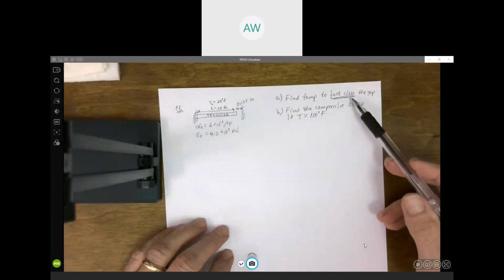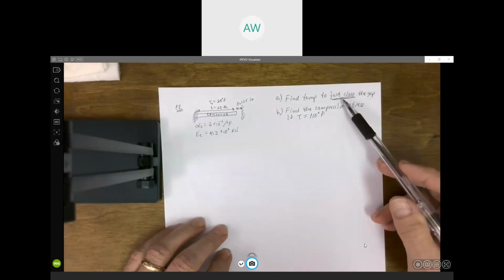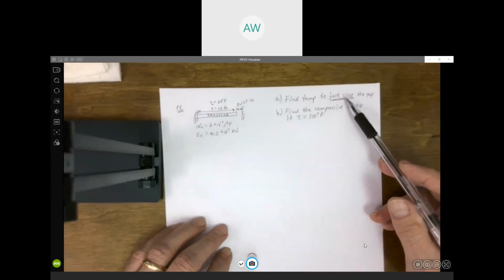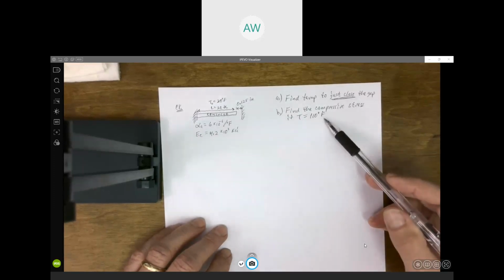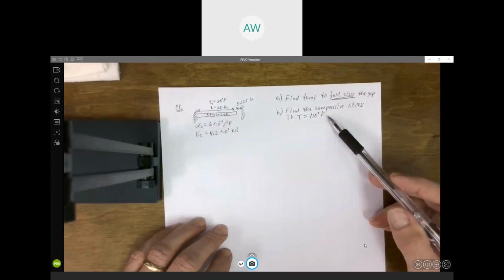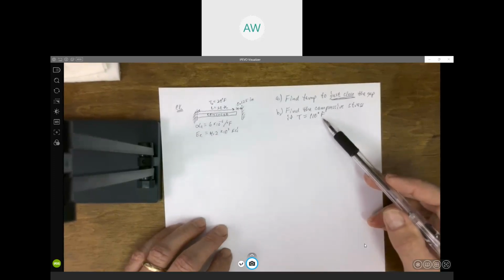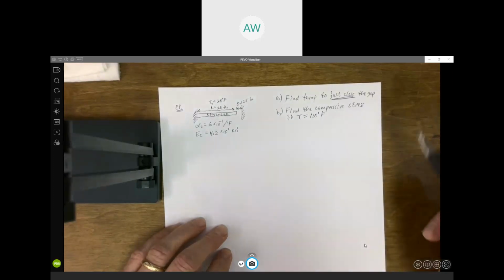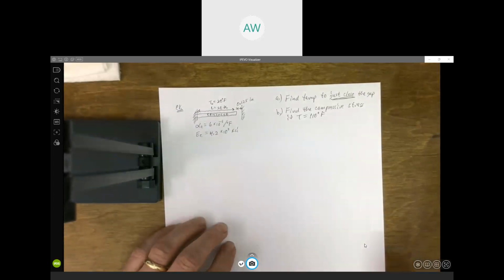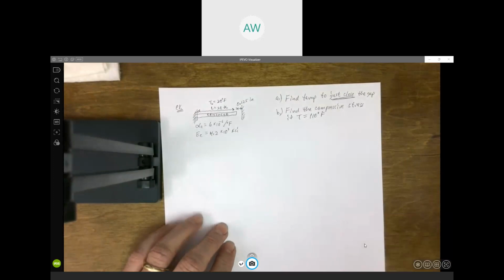Depending upon what we get for part A, if the answer to part A is 120 degrees, then the answer to part B is 0. If it takes 120 degrees to close the gap, 110 is not going to make it there. There is not going to be any stress. It doesn't reach that wall. All right. So, any question about the problem setup, what we're looking at, and what we're trying to find?